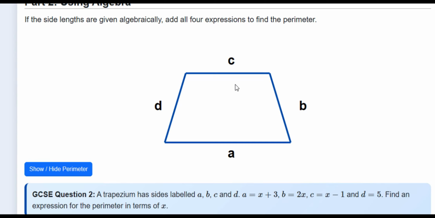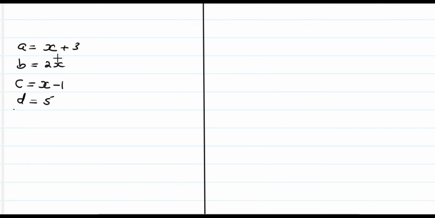You are told to find an expression for the perimeter in terms of x. So let's first copy all these values. We already know the perimeter of a trapezium is P equals A plus B plus C plus D, like that.